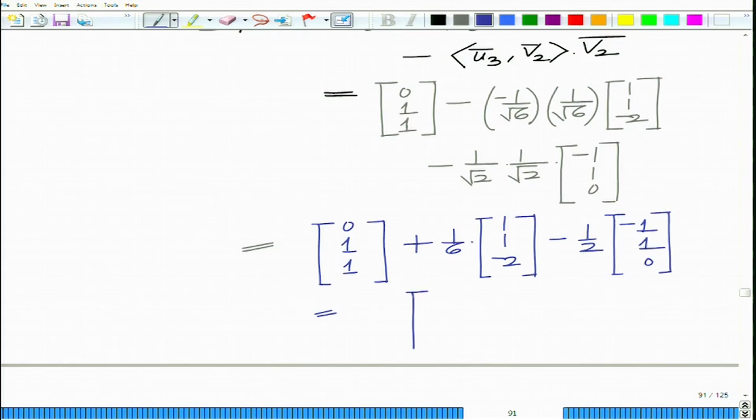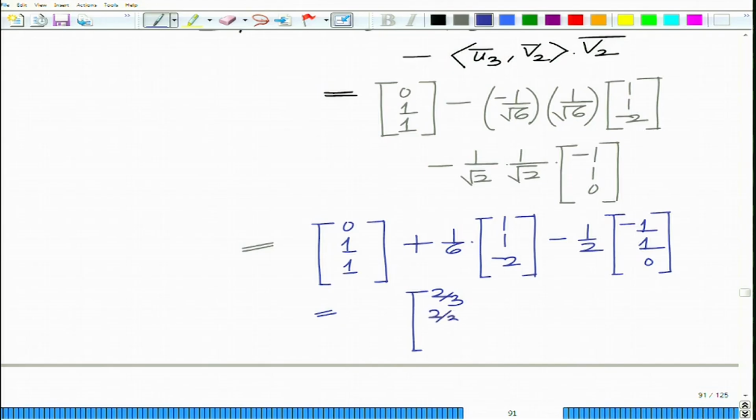This will be 0 plus 1 by 6. So, if you look at this, 0 plus 1 by 6, that is half. So, half plus 1 by 6, that is 4 by 6. So, this will be 2 by 3.